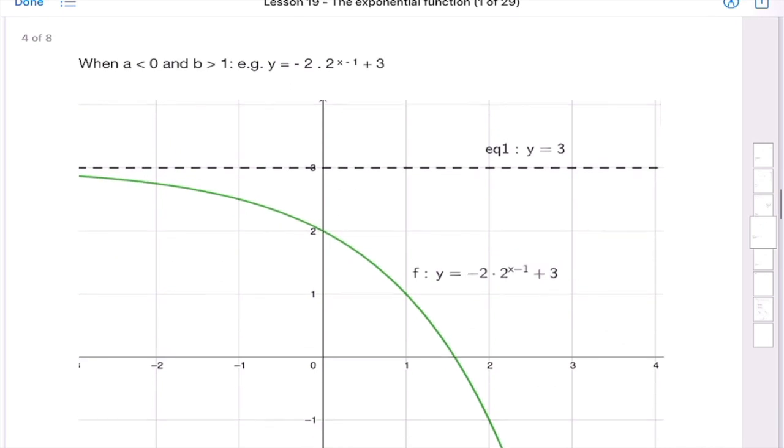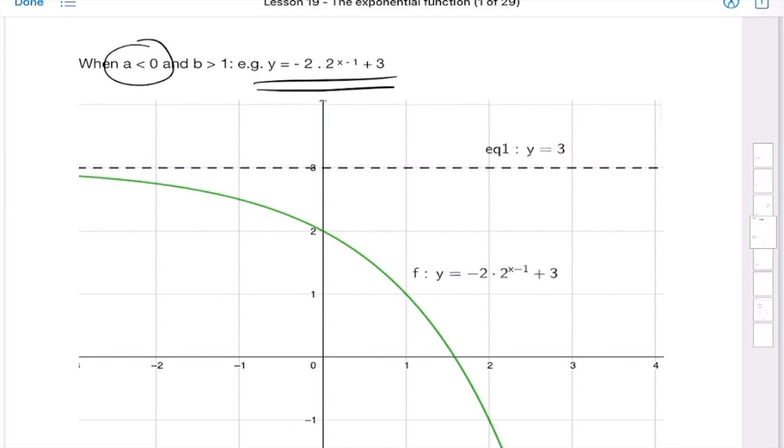If, however, you make a negative, like in this example, I just made a negative 2. A minus sign talks about a reflection. In this case, the graph is below the asymptote, and this is because the graph is actually reflected along the horizontal asymptote.